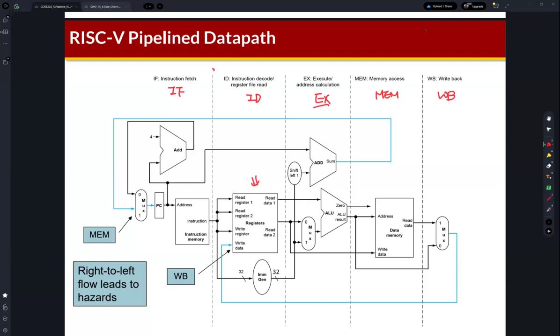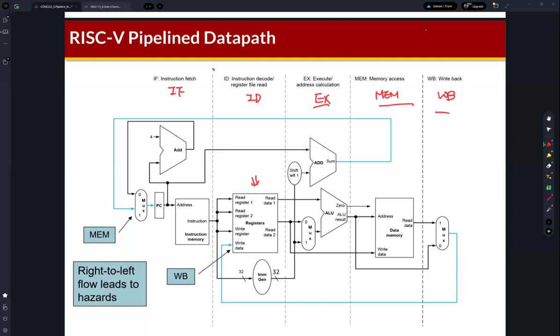In execution, the ALU is used to generate the result of arithmetic or logic instructions. In the memory stage, we access the data memory for load and store instructions. And then the final result will be written back to the register file. So this is the write back stage.